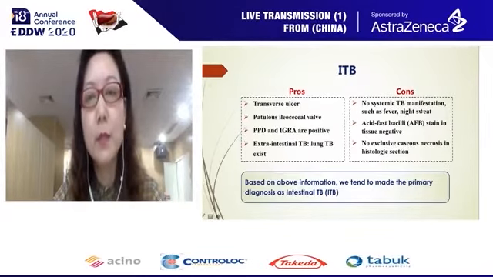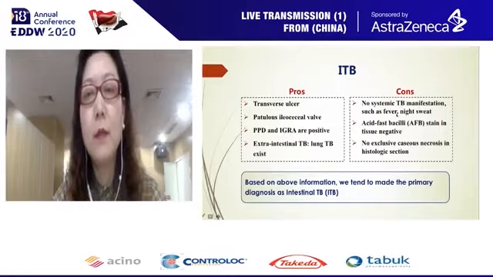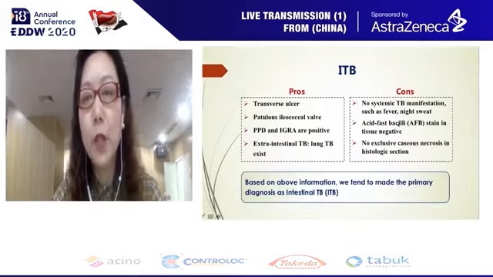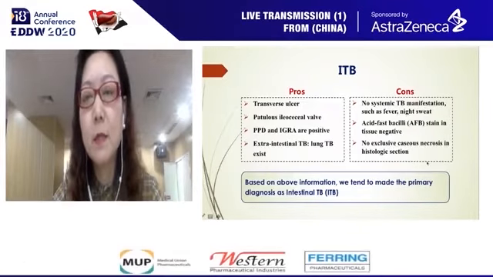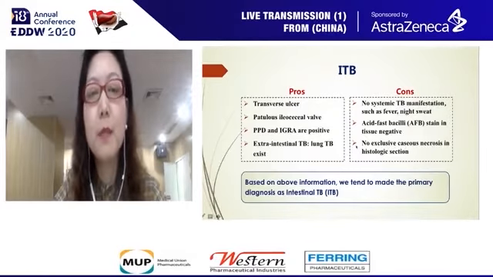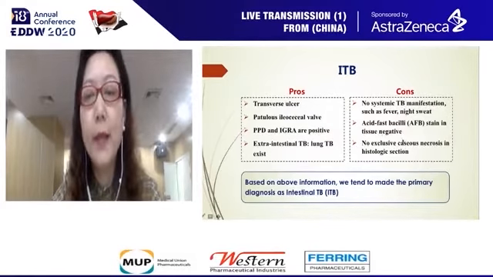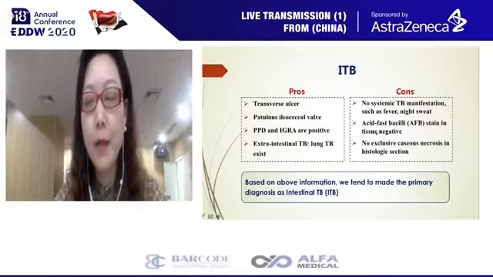In contrast, Crohn's disease also includes no systemic TB manifestation, such as fever and night sweats, acid-fast bacilli AFB stain in tissue negative, and no caseating necrosis in the histology section.